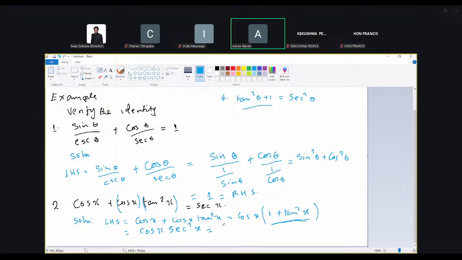So we can use the definition of sec squared x. We know that 1 over cos is a sec. So in that case, you are going to get 1 over cos squared x, sorry, not theta. So it's 1 over cos squared x.